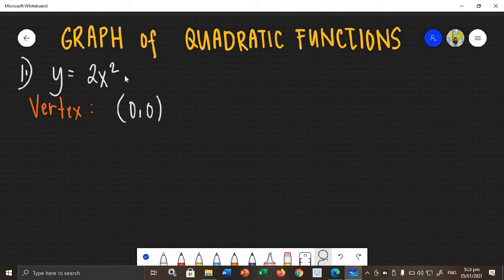So, in sketching the graph of quadratic functions, ang mahalaga yung vertex. Why? Kasi dyan natin ibe-base yung other points na ipa-plot natin to graph this quadratic function. So, using the vertex, create a table.